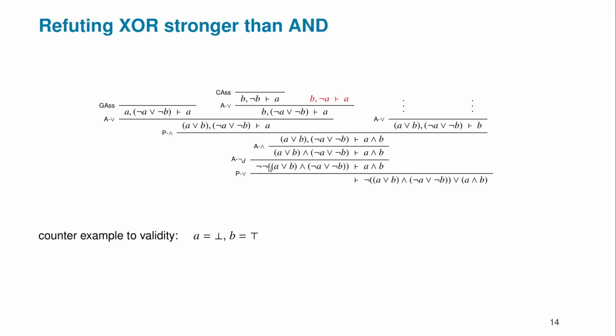We have this double negation here, we eliminate the double negation, we have the conjunction as a topmost symbol, we do a comma here, and now we have on the right-hand side a conjunction as a topmost symbol, so this means we get a case split. We have one branch where we have A as a goal, and we have one branch where we have B as a goal.